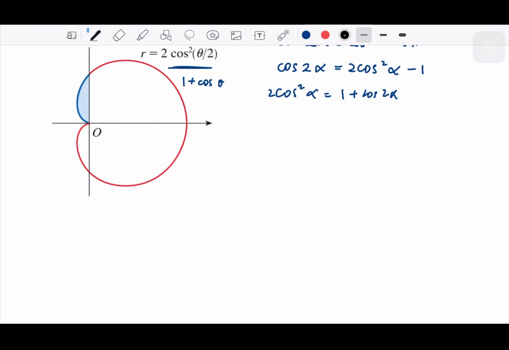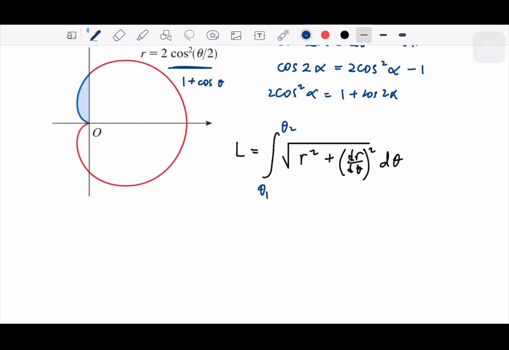Writing the general formula, let me just write the formula for arc length first. In polar, the arc length can be written as the integral of the square root of r squared plus (dr over d theta) squared, d theta, from alpha to beta, or theta 1 to theta 2, also okay.